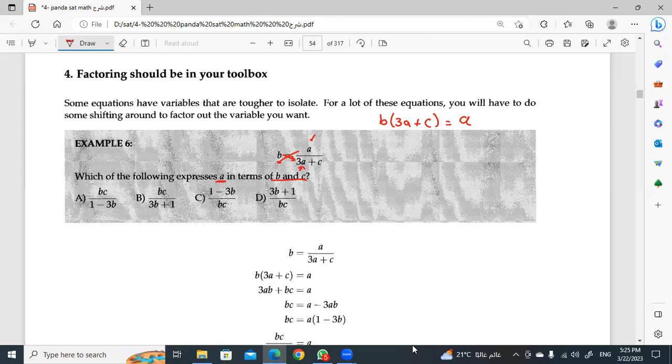Until now, is it clear? Yes. Okay, I'm searching for A, remember.